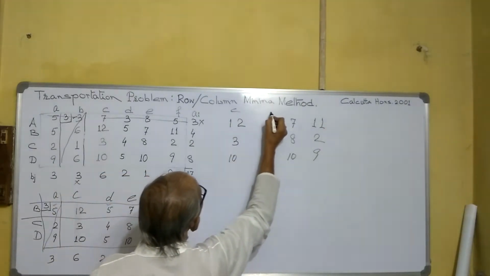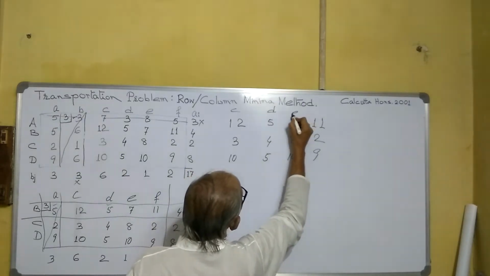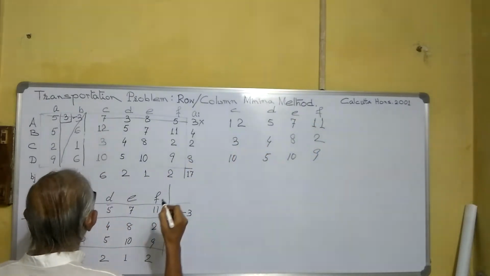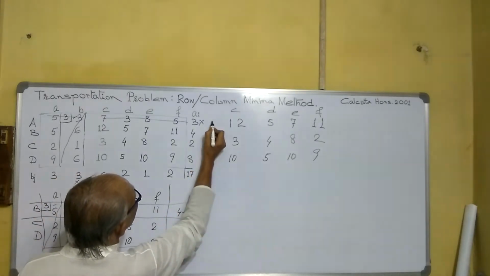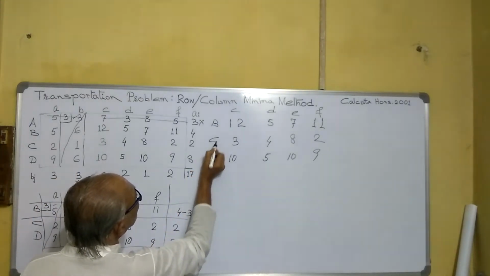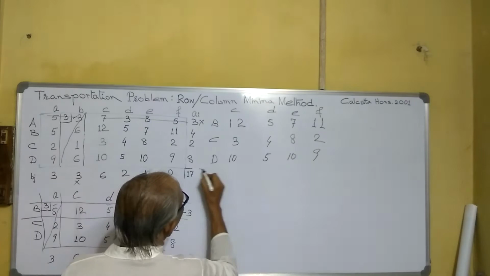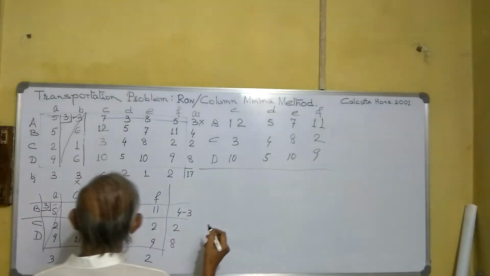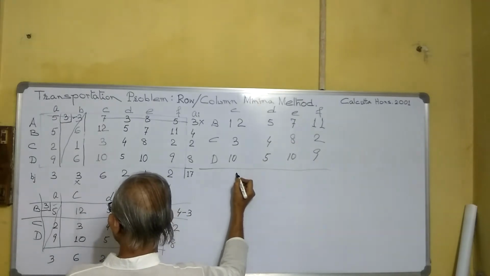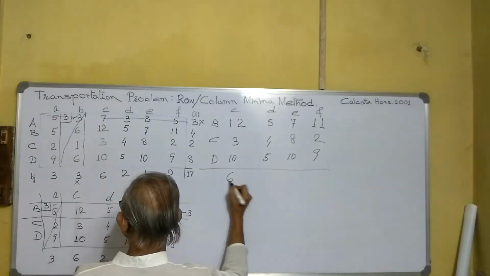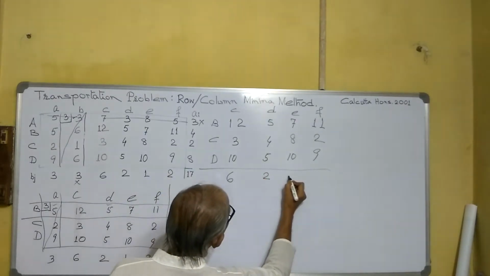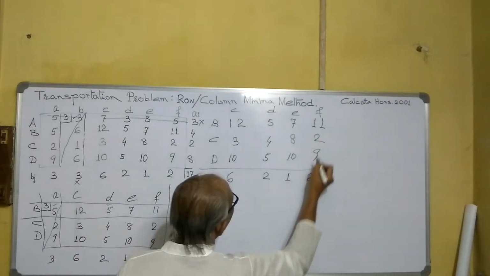This is C, D, E, F. And here it is B, C, D. All are there. Now see, here the requirements are 6, 2, 1, 2.